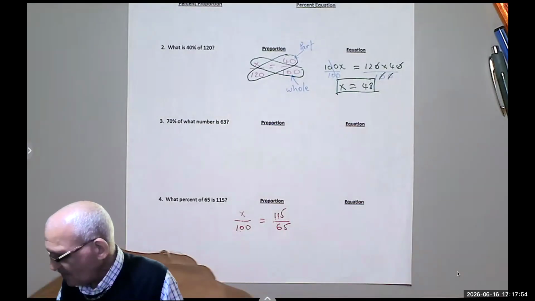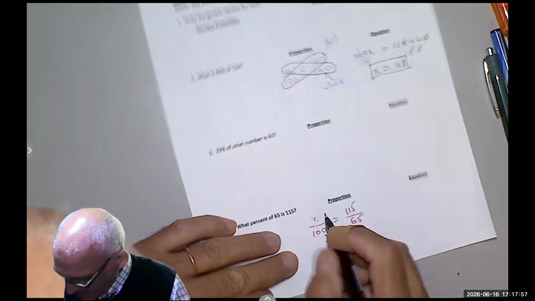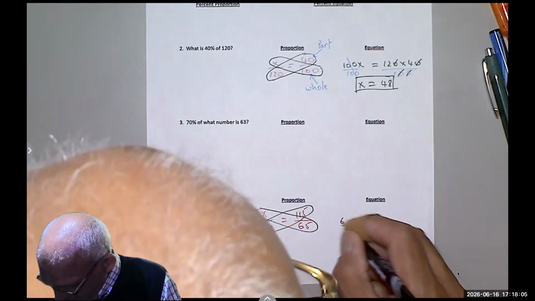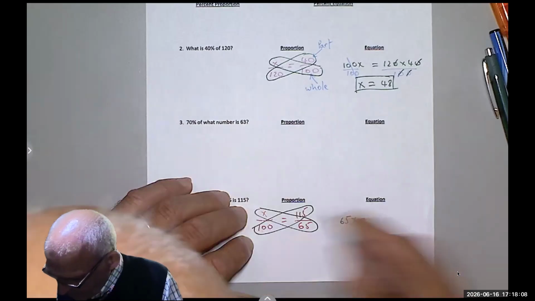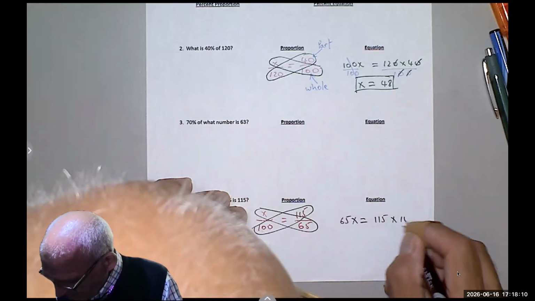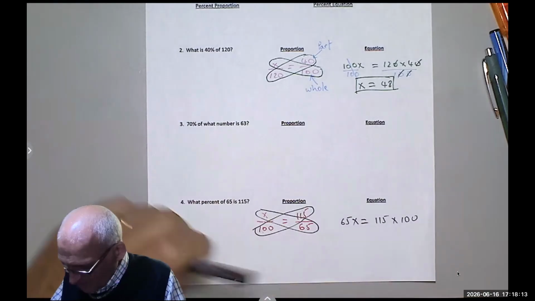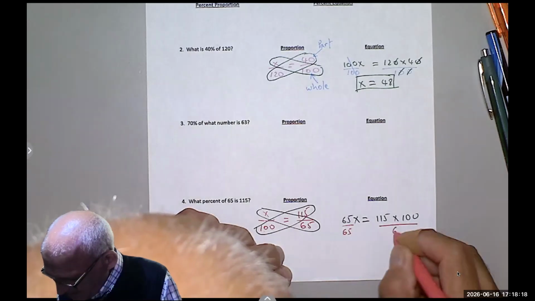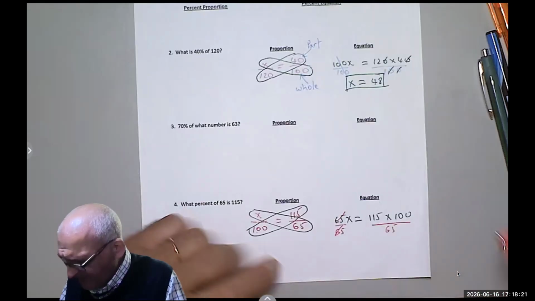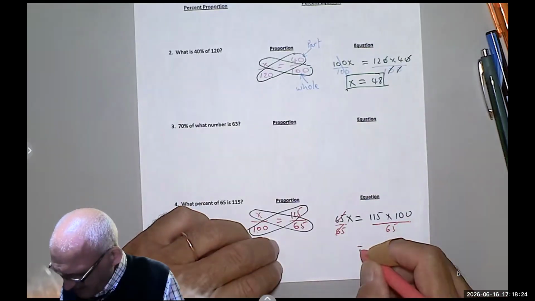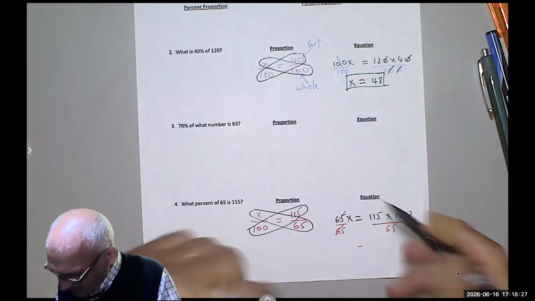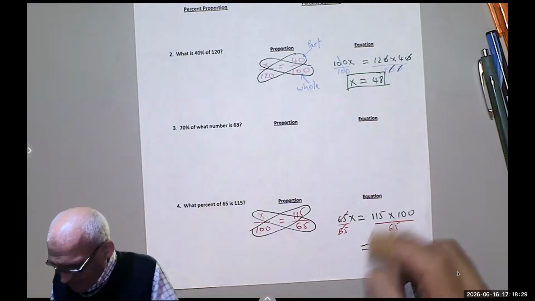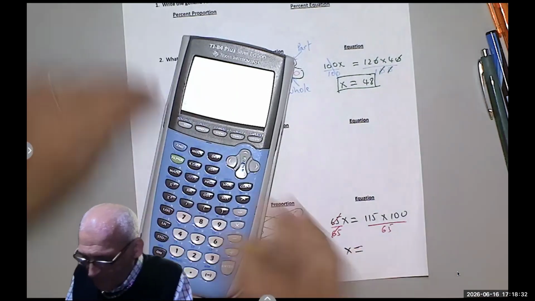Having said that, we are going to use again the product of these two. We say 65 times x, which is 65x, equals 115 times 100. Then I divide both sides by 65 so that the x remains. I can simplify by 5, but it's easier to just use a calculator. x doesn't have to be an integer.